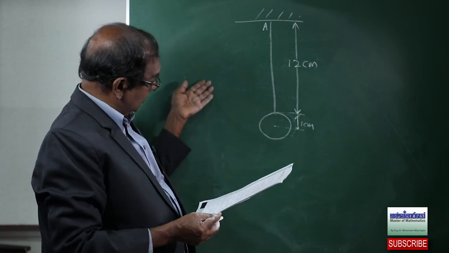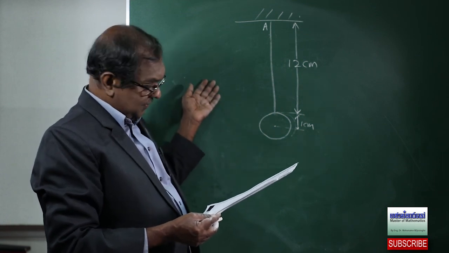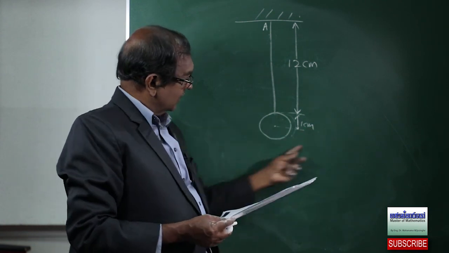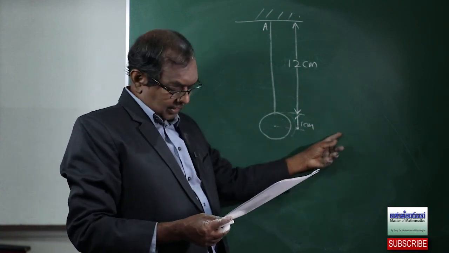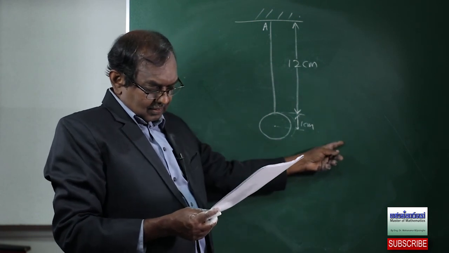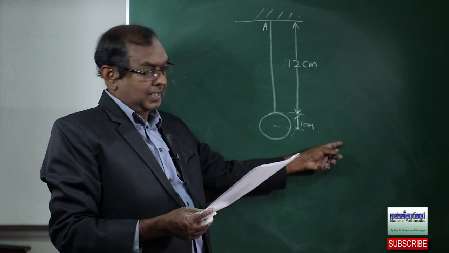This sphere is taken to left side or right side and released. Then we have to give an answer about the motion. Describe the locus of the center of the sphere.